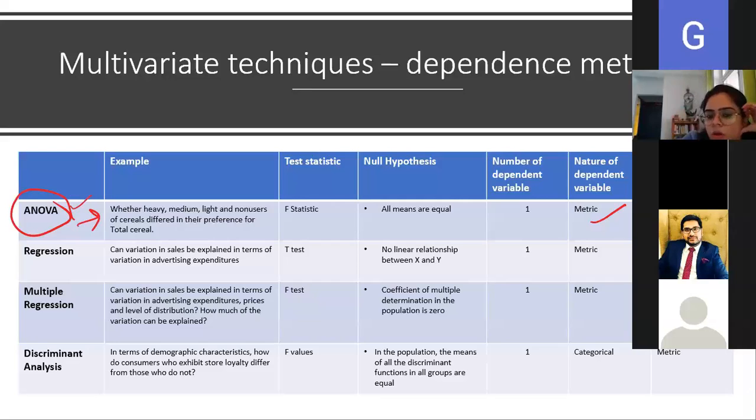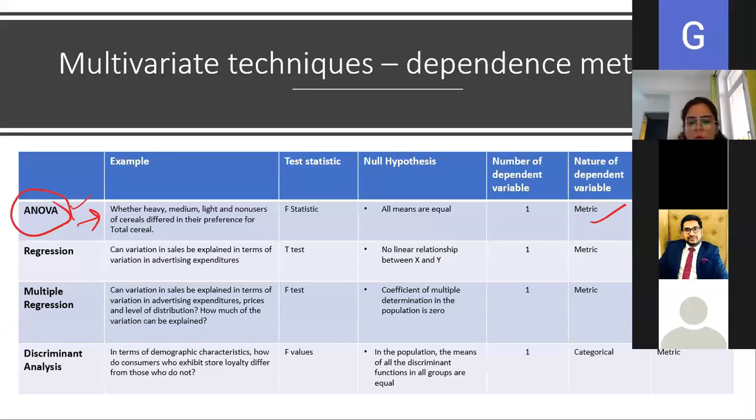Categorical. Which variable is categorical? Whether heavy, medium, light, and non-users of cereals differed in their preference for total cereal. Think about it. What is the dependent variable here and what are the independent variables?